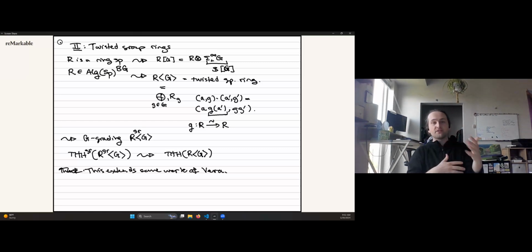And so this generalizes that work. Vera only shows that this is an equivalence of things with circle action and doesn't deal with anything like the cyclotomic structures.